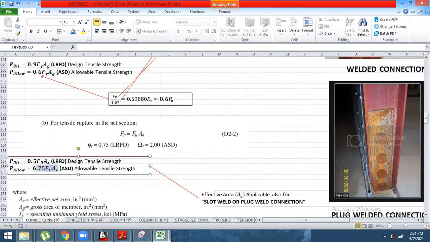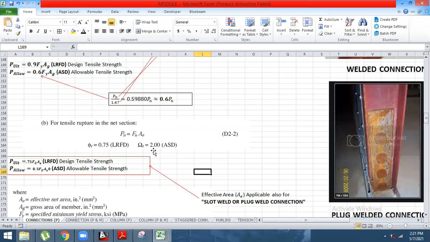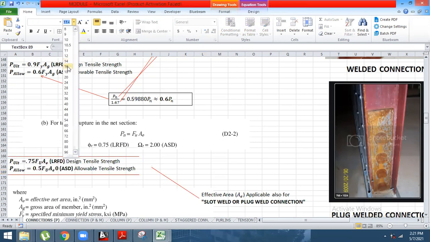So 0.5 Fu Ae is for the allowable tensile strength, which is 1 over 2, and then 0.75 Fu Ae for the LRFD.